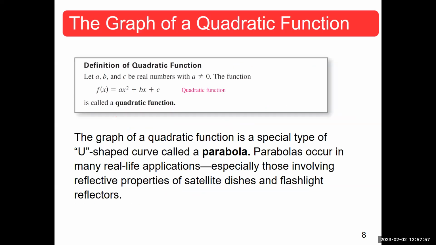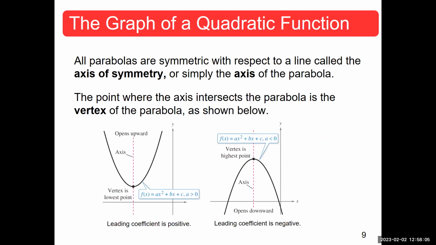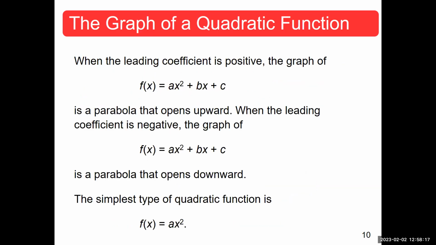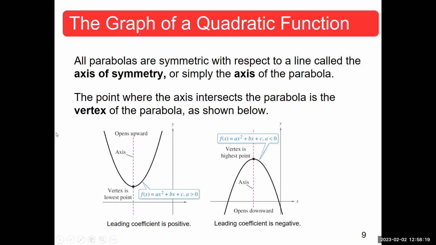This is the general shape of a quadratic function, ax squared plus bx plus c. Remember, when the function is facing up like that, the vertex is at the minimum.